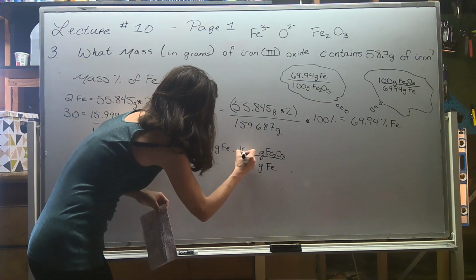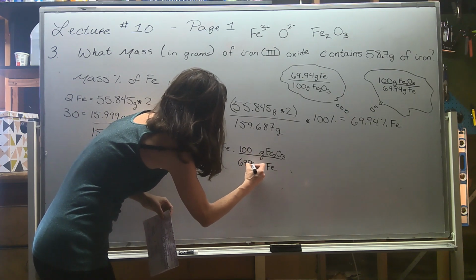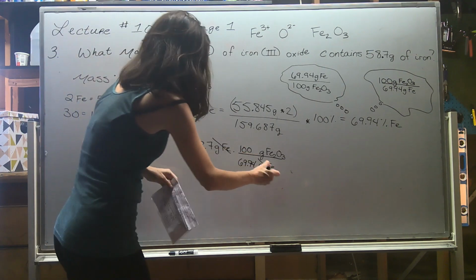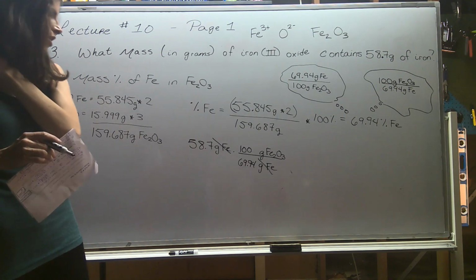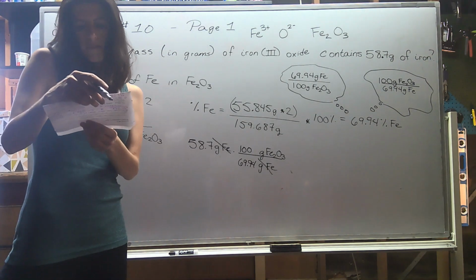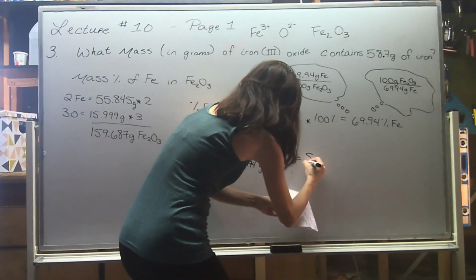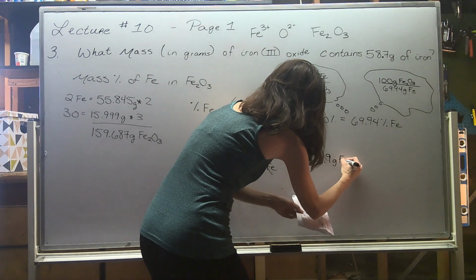If we had 100 grams of iron oxide, it would be 69.94 grams of iron. Grams of iron cancel grams of iron. So in my calculator, I'm going to do 58.7 times 100 divided by 69.94, and we'll get 83.9 grams of the iron oxide.